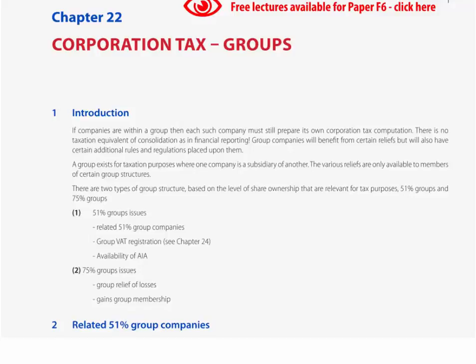So what we'll do at the beginning of the next session is have a little look at our normal due date for when companies pay corporate tax, and then what is referred to back in our introductory chapter. I think that was chapter 16, Introduction to Corporate Tax. If you go back and have a little look at that, I made a reference to quarterly instalment payments and when they would be due.